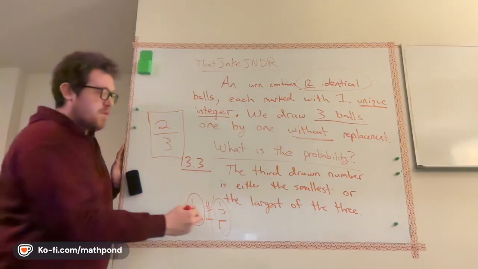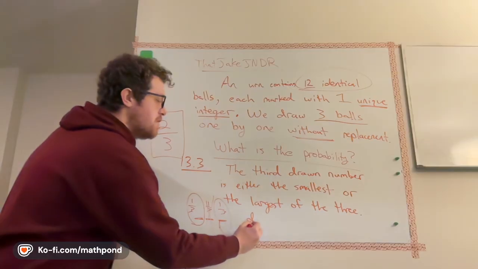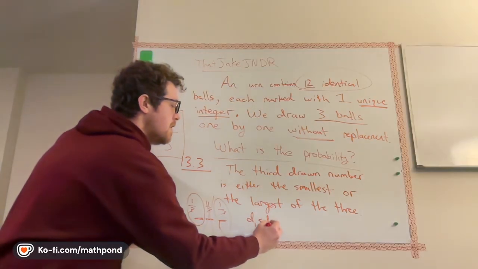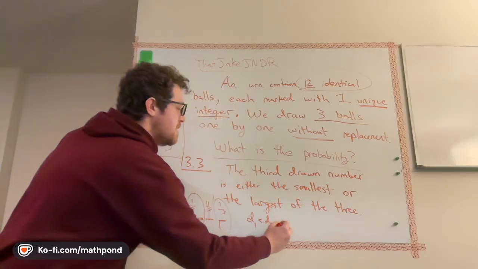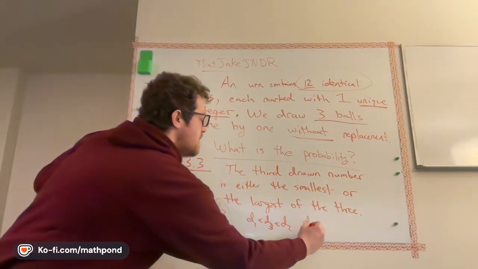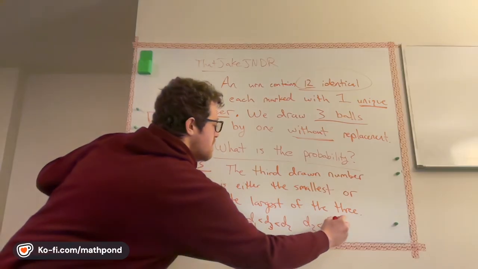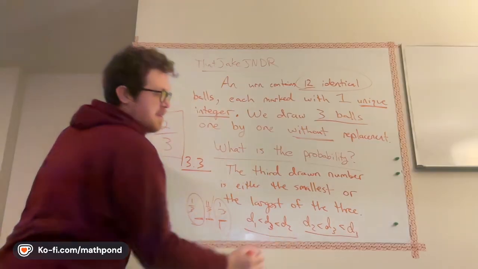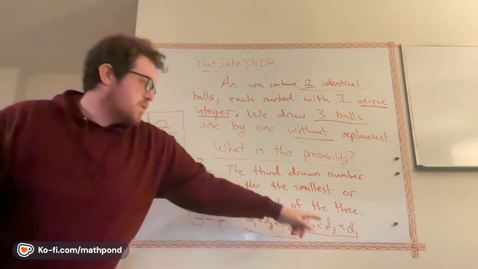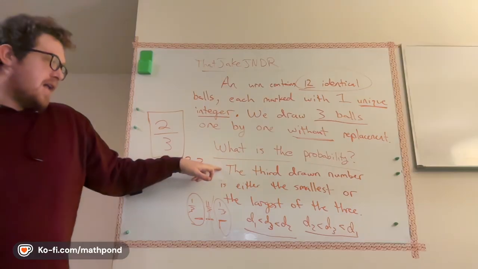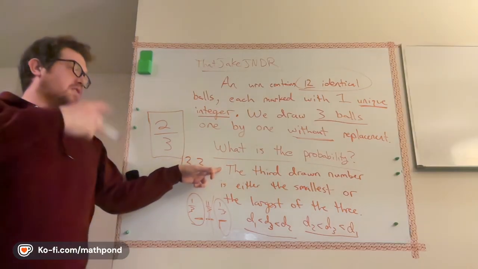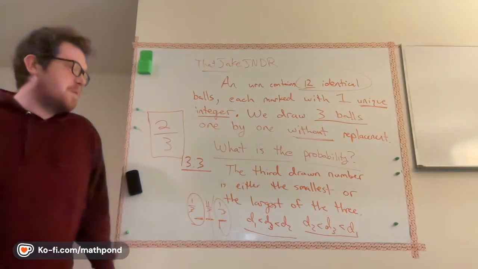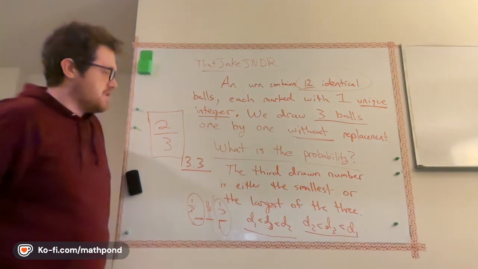So this one, we're going to have some permutation. It's either D1 less than D2 less than D3, or D2 less than D3 less than D1. So we have two different permutations here, and either one of these will satisfy this answer. And since there was a 1/6 chance for any particular permutation, and there's two of them, it should be a 2/6 chance.